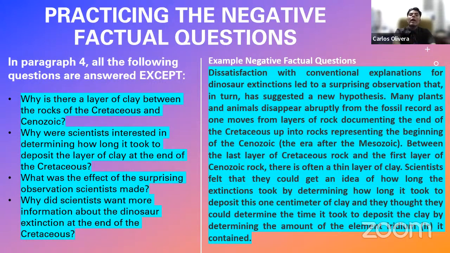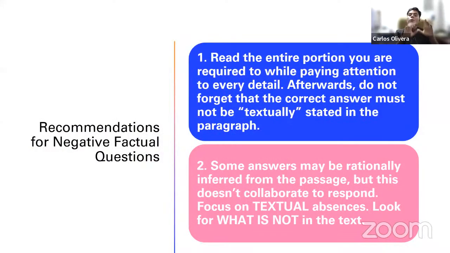Maybe there is an explanation outside of our text. Maybe scientists have already discovered why there is a layer of clay, but it's not in our paragraph. Therefore, it's our correct answer because it is not answered in our paragraph. That is my recommendation: read and look for the absences in the text.